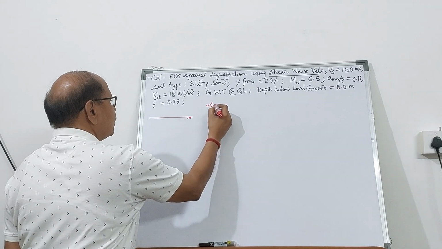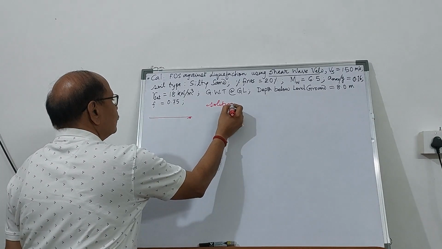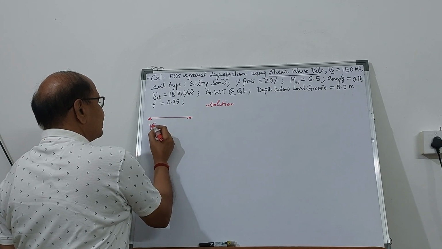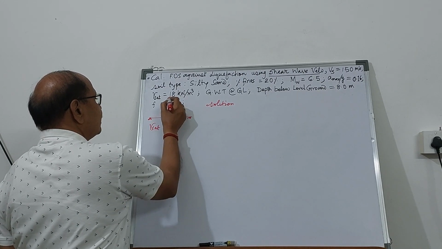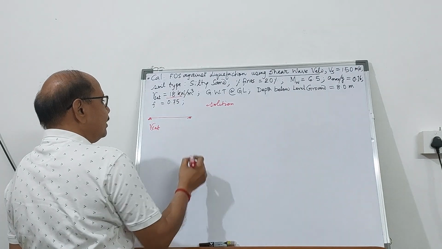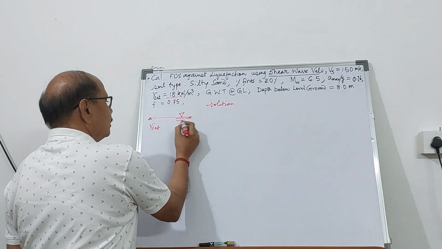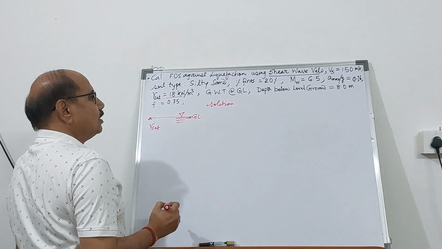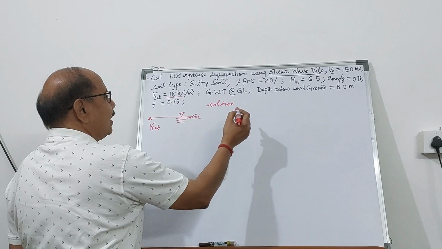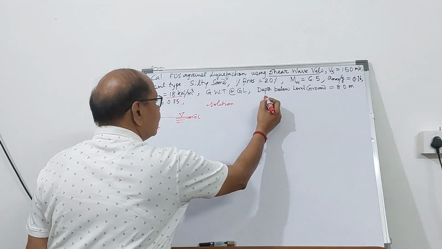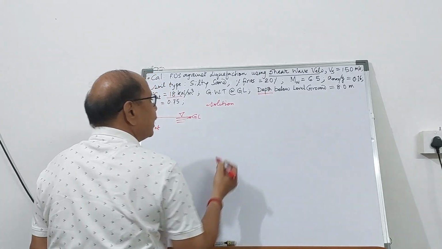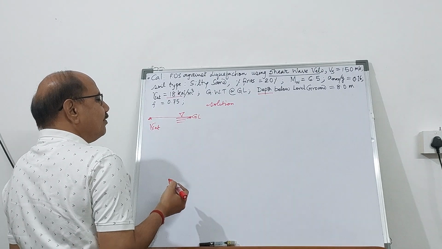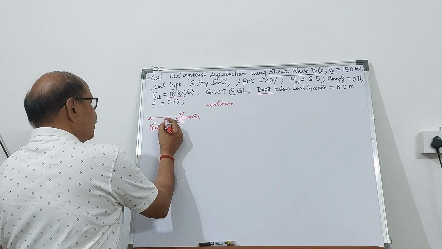So if you look to the solution of this problem, gamma sat is given as 18 kilonewton per cubic meter, and groundwater table is going to touch the ground level itself, and we have to find out the factor of safety against liquefaction potential at a depth below level ground at 8 meter.